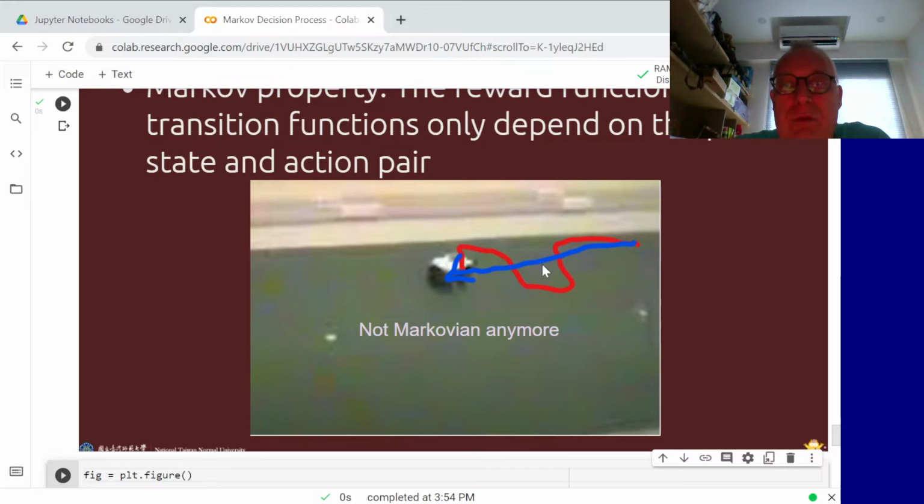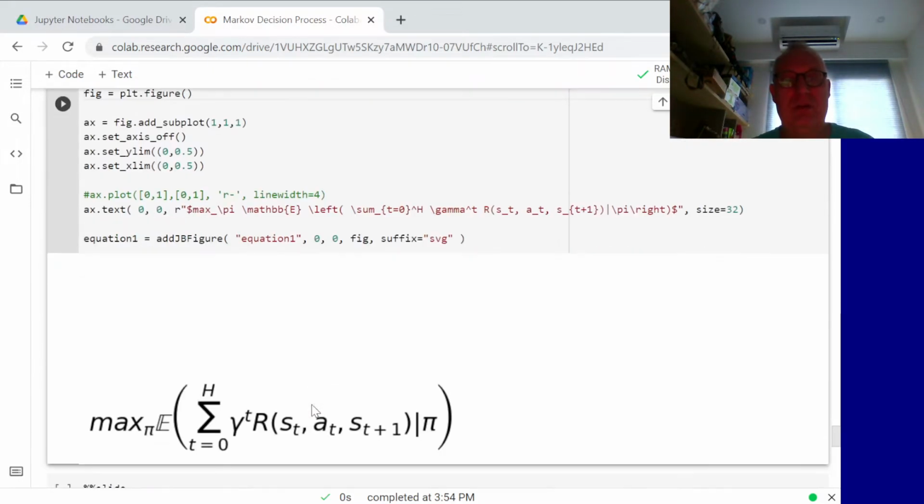So the blue line would be much better than the red line. But then that means I cannot apply the straightforward reinforcement learning theory anymore. The convergence proofs don't work anymore. That's all I wanted to say about that, basically.